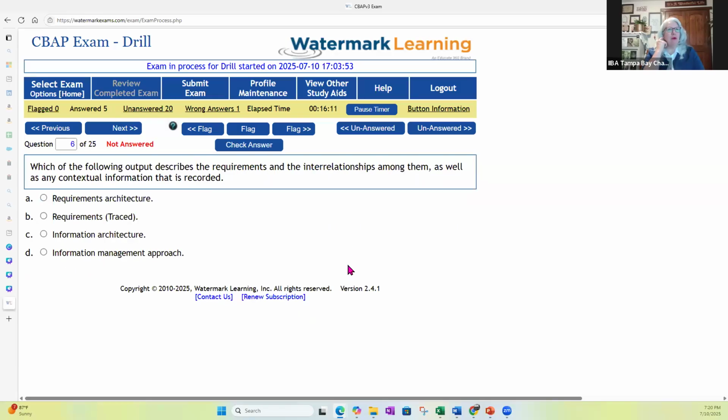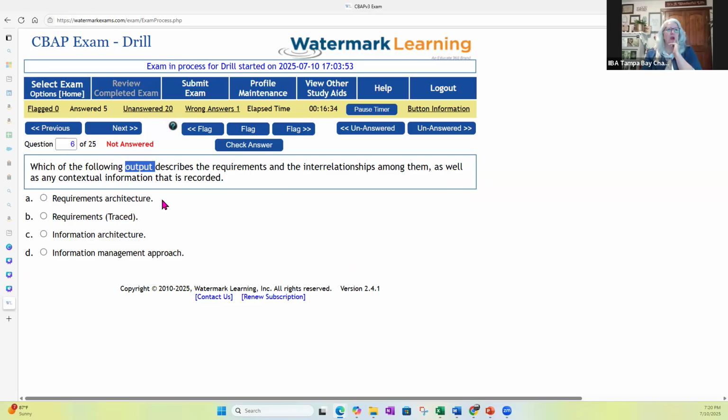Which of the following output describes the requirements and the interrelationships among them, as well as any contextual information that is recorded? So it's the output of one of the tasks.